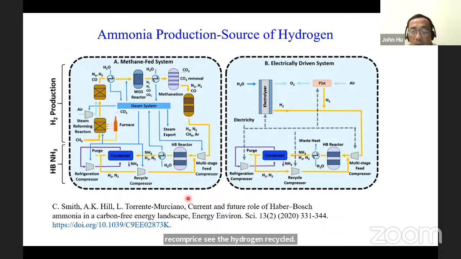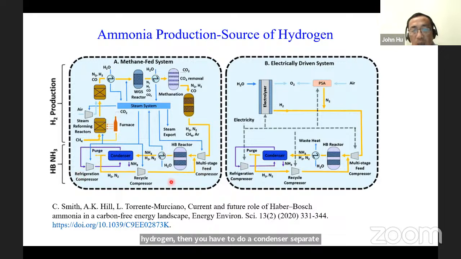So let me repeat. In the ammonia reactor, single-pass conversion is not 100%. Single-pass conversion means this, see the yellow arrow: passing through the ammonia reactor once, that's called single pass. It's not 100% because you have ammonia, nitrogen, and hydrogen. Then you have to use a condenser, separate the ammonia, and recycle back.